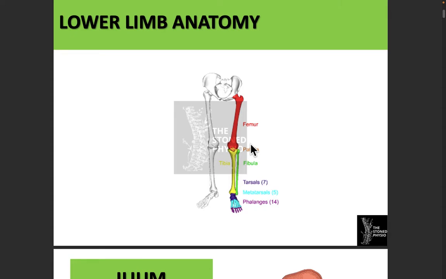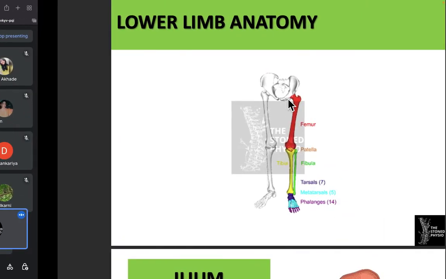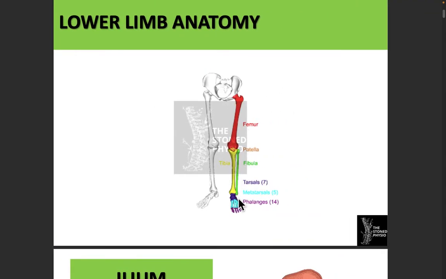Okay, so I was saying that we won't talk about the sacrum when we are talking about the lower limb, because the sacrum is part of the vertebral column. But apart from that, we will be talking about each innominate bone, which are the bones which participate to make each innominate bone, and then of course, as you told, the femur, the tibia, fibula, and then we have got the tarsals, the metatarsals, and the phalanges. ठीक है. तो before starting, of course we know we have got one femur, one fibula, one tibia.